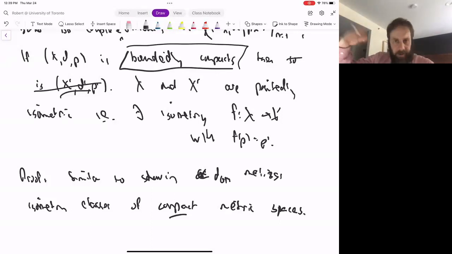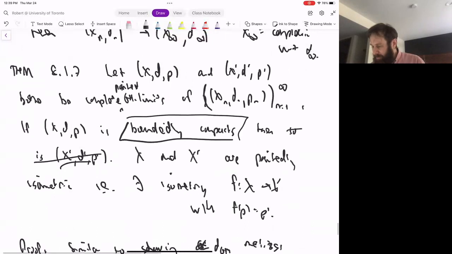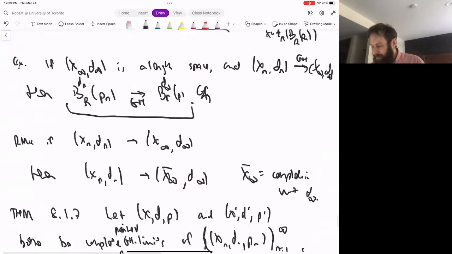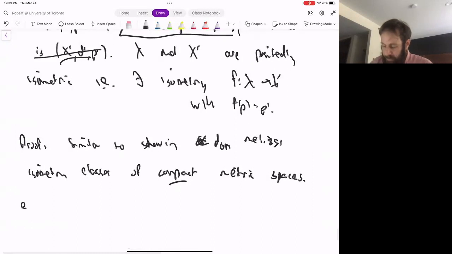And then I used a diagonal process to show that I had an isometry first between these subsequences of dense sets and then eventually between their limits. So you do the same thing here, except there are two parameters to worry about, the parameter little r and big R. And so you have to use the diagonal process twice.